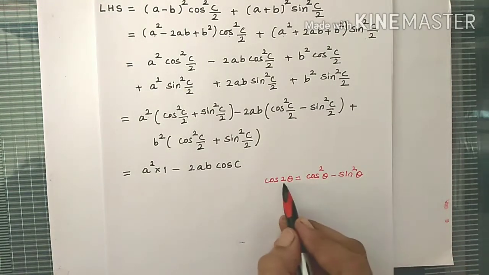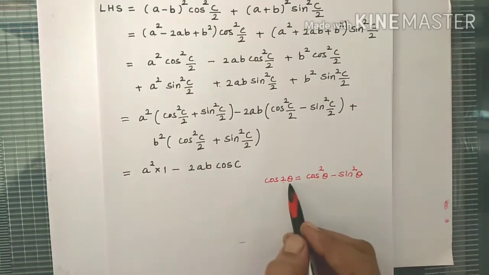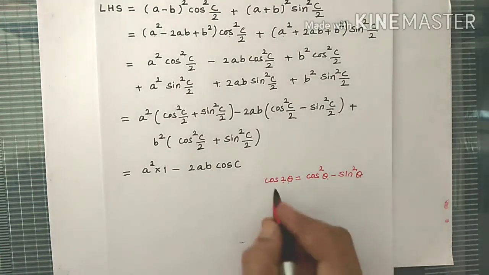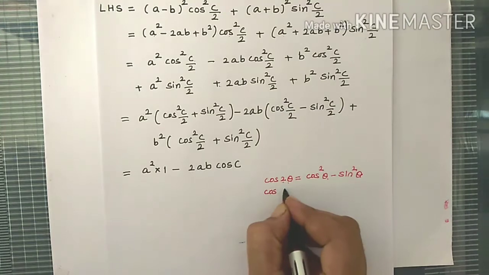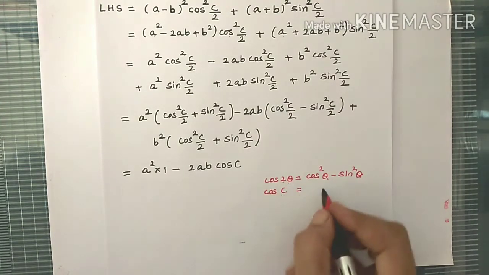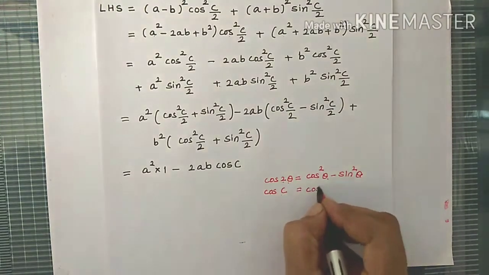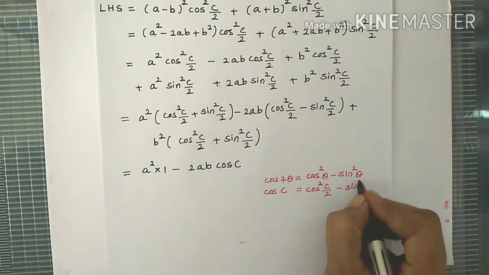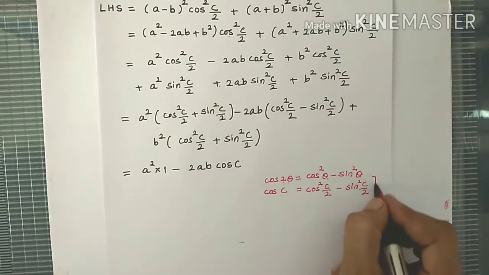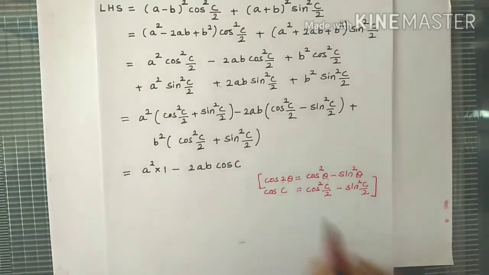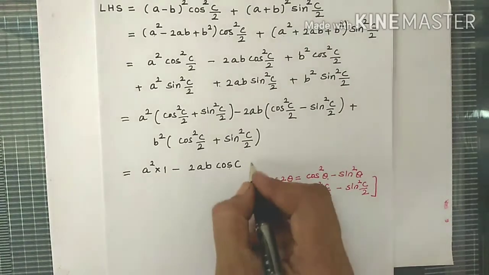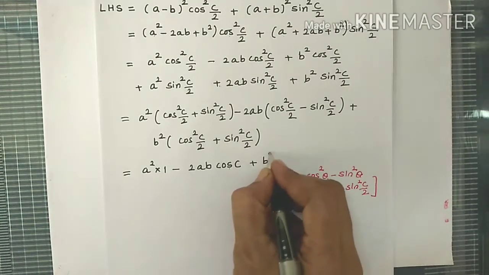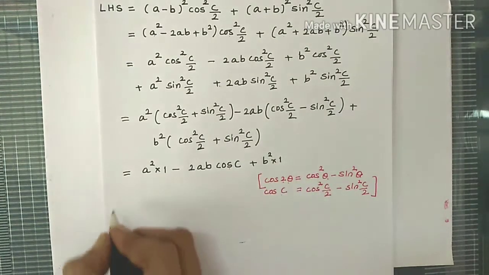That means whenever we have 2 theta here, we have to write half of the angle here. So if we have cos of C, half of it is C by 2. So we get cos square C by 2 minus sin square C by 2. Using this formula, we can write cos square C by 2 minus sin square C by 2 as cos C, and the last term is b square into 1.